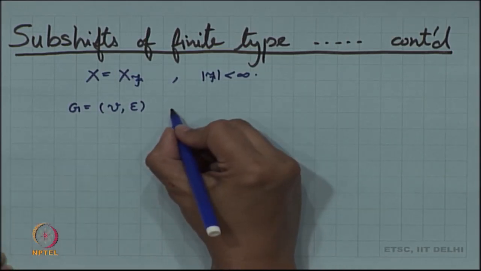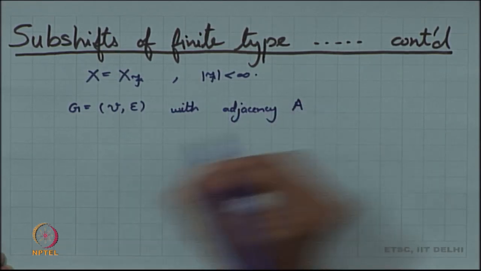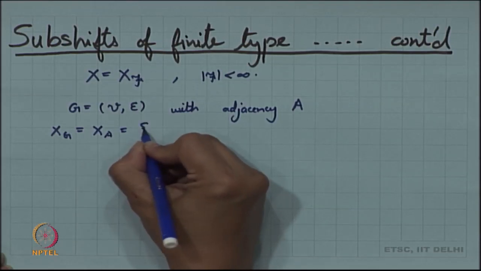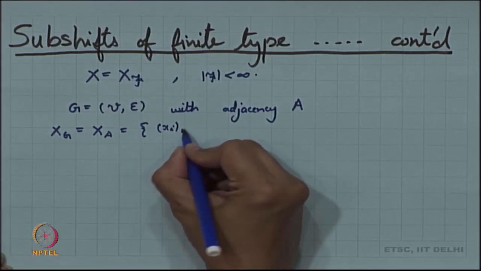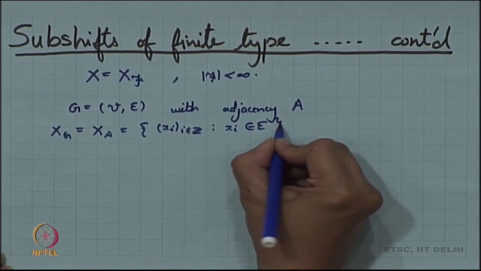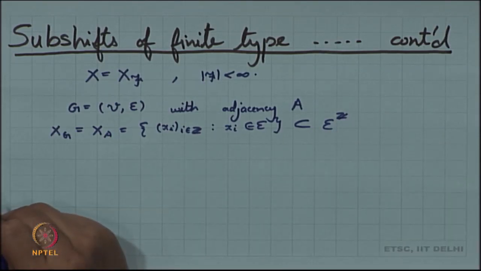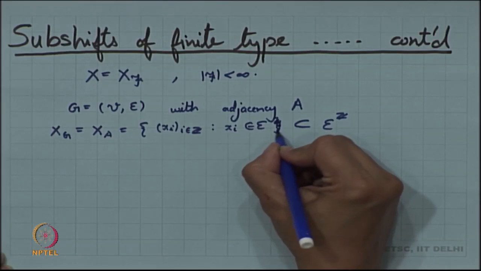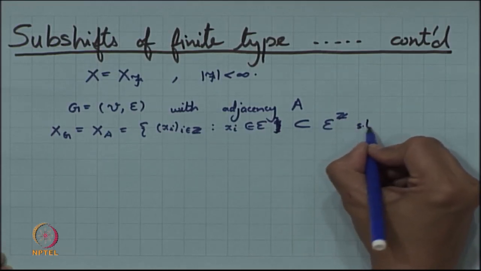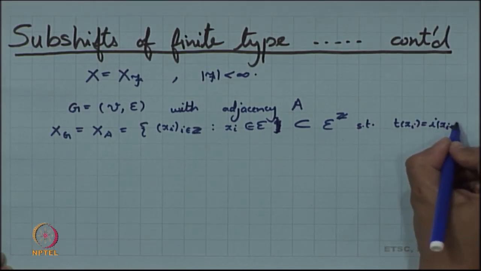Then for this graph G, with adjacency matrix A, we can define a shift, which we can call X_G or X_A, to be the set of all ξ, which is basically a subset of E to the power Z, such that the terminal part of ξ_i is equal to the initial part of ξ_{i+1}.